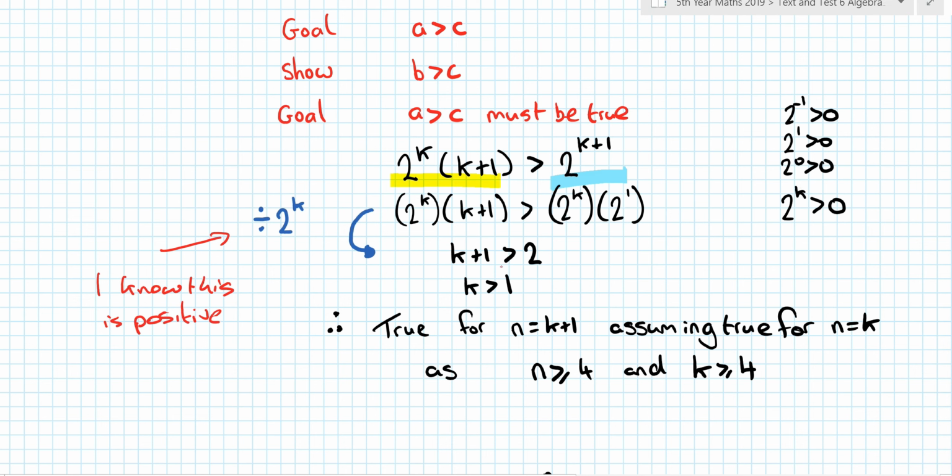So I'm left with k plus 1 is greater than 2. K plus 1 is greater than 1. Well, is that true? Is k greater than 1? Well, k follows the same rules as n did, and we said n was greater than or equal to 4, and n is an element of the natural numbers.